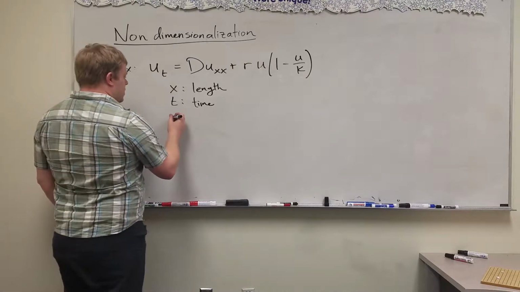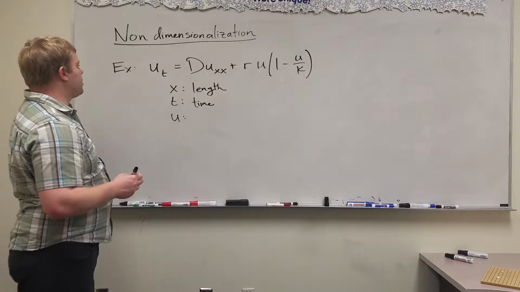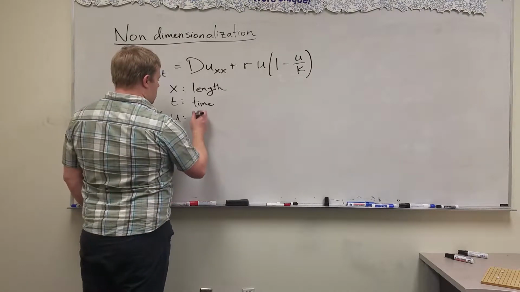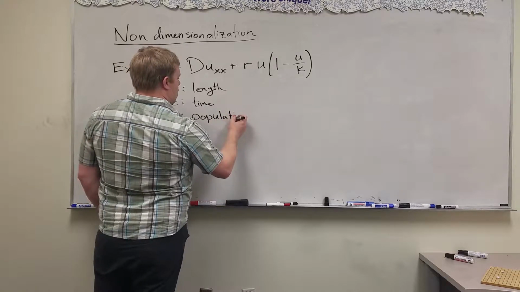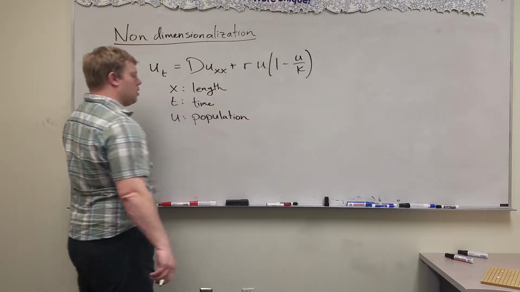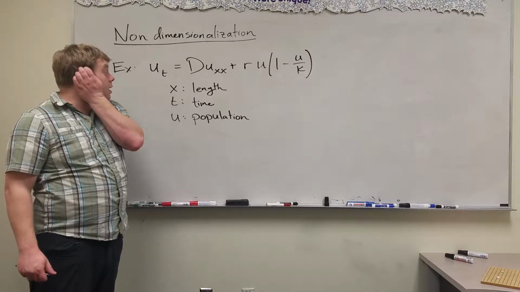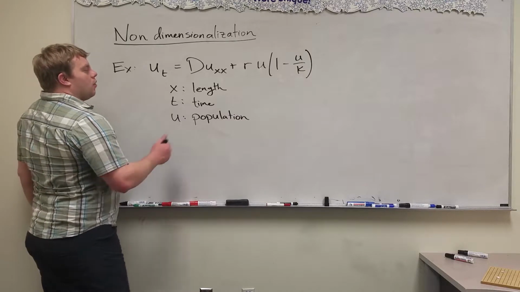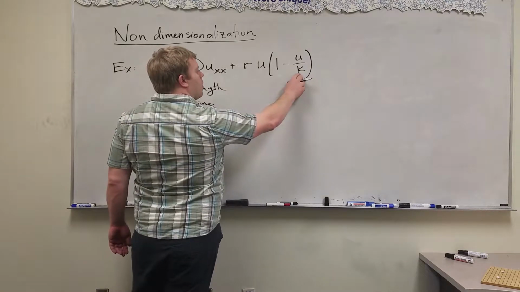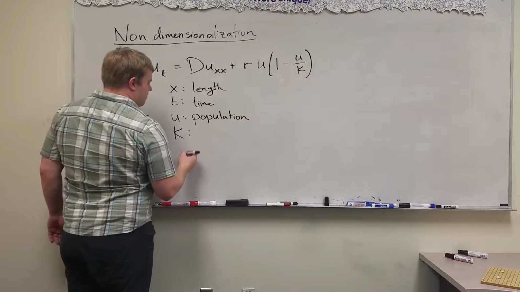We have this dependent variable u, which is, since we're talking about population growth, u is the size of the population at a given time t and at a point in space x. We also have, remember we talked about this in class a little bit, something called the carrying capacity.